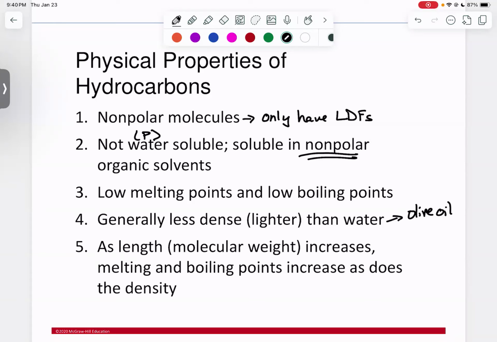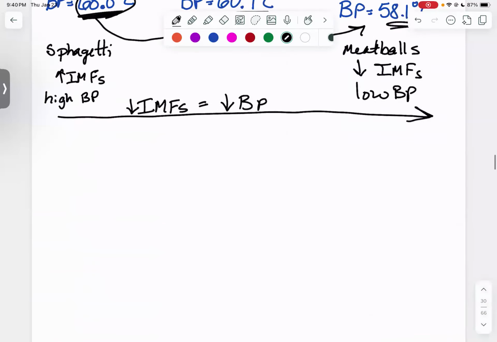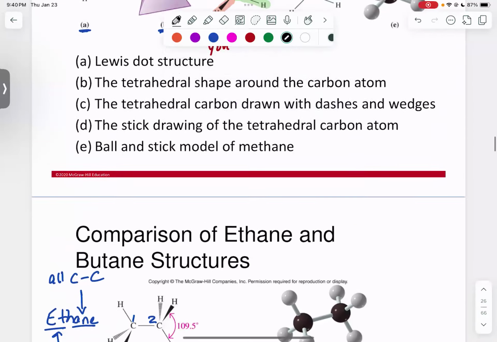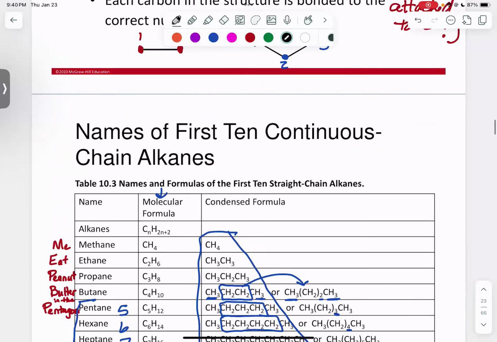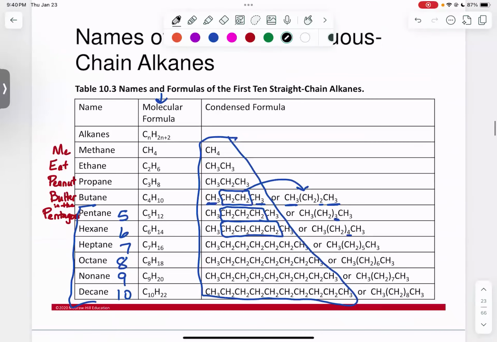As our length or molecular weight increases, our melting point and boiling points increase. And that's just thinking about the strands of spaghetti, right? So the longer the strand of spaghetti is, the more contact it's going to have with other long strands of spaghetti. So if you look up here, here's our alkanes.